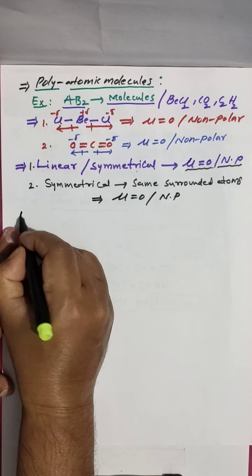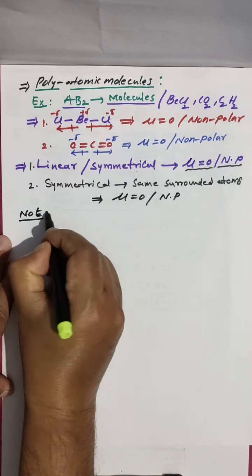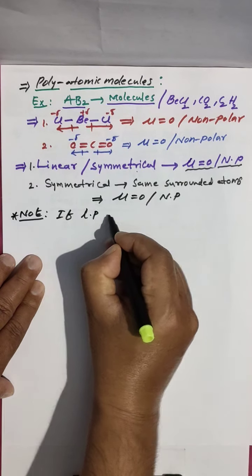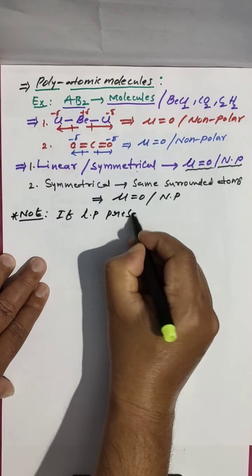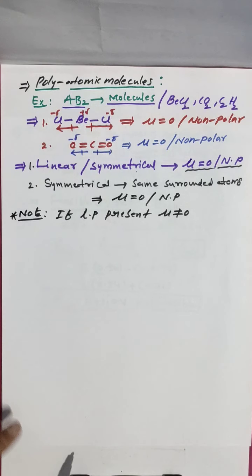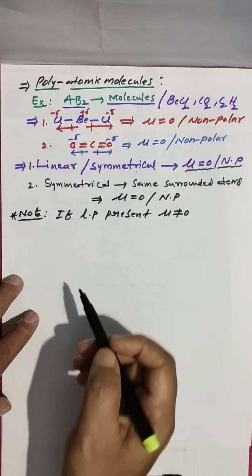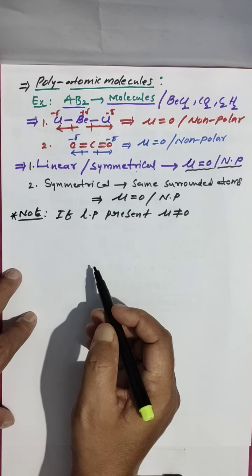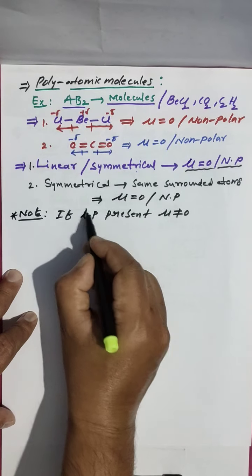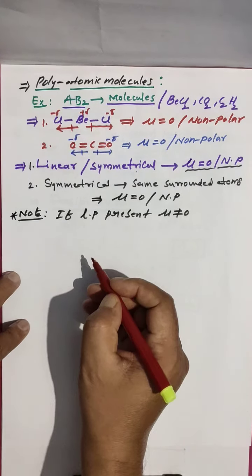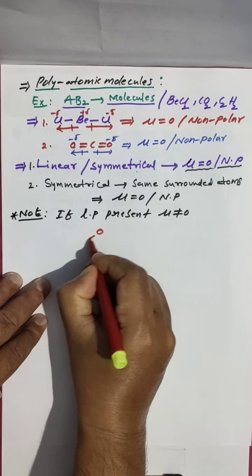But note you have to remember that if lone pairs are present, the net dipole moment is not equal to 0. If any symmetrical molecule has the same atoms surrounded, but the condition is that lone pairs are present, the net dipole moment is not equal to 0. I am showing with an example here. You go for water.